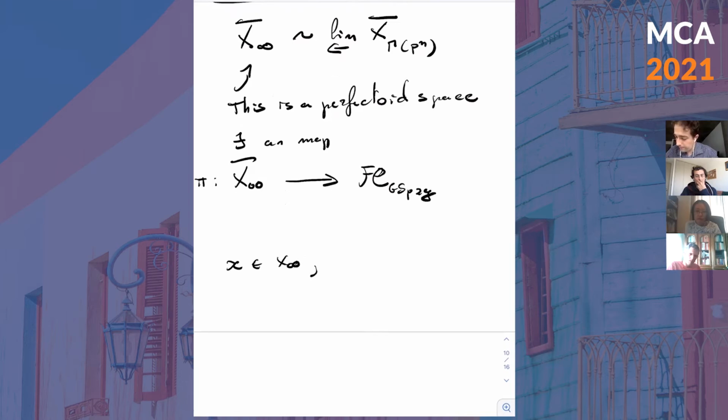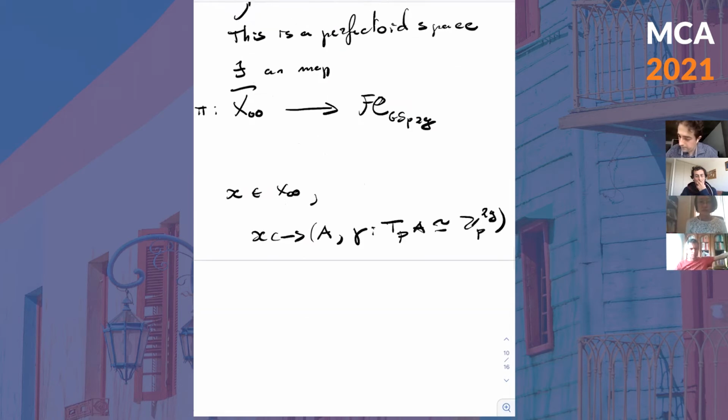I have that x corresponds more or less to an abelian variety, and then an isomorphism gamma between the Tate module of the abelian variety and Z_p to the 2g. And for this x, I have the Hodge-Tate map.